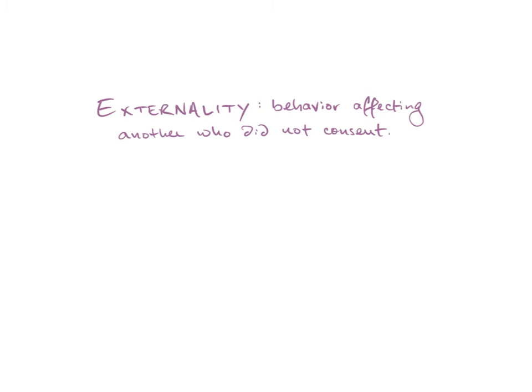Now, let's go to externalities. Externalities are behavior that impacts someone who has no say in the decision, who did not consent to the behavior. When I produce and sell a widget, I am half of a transaction.